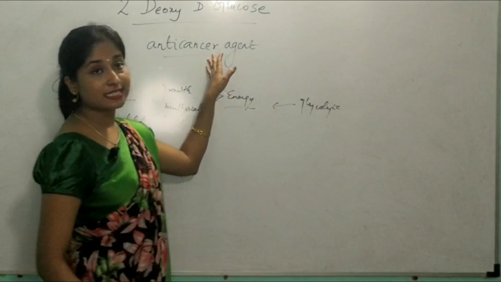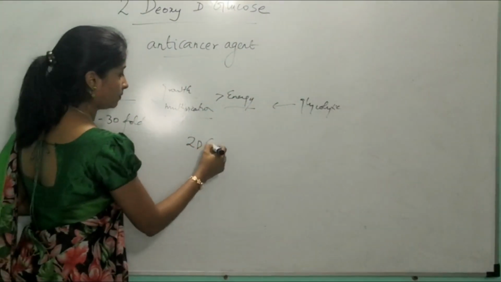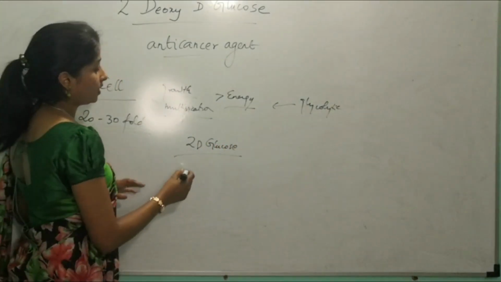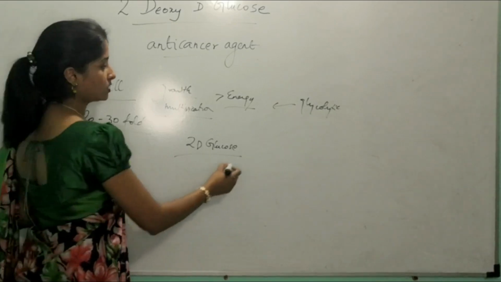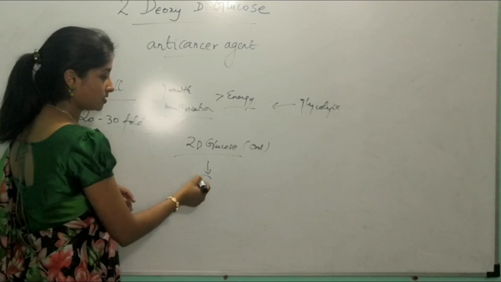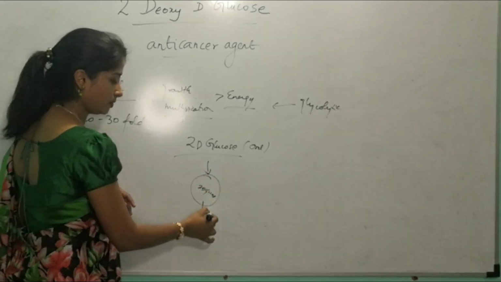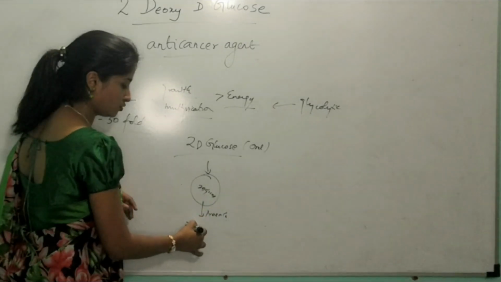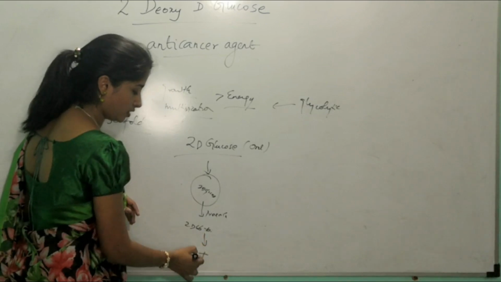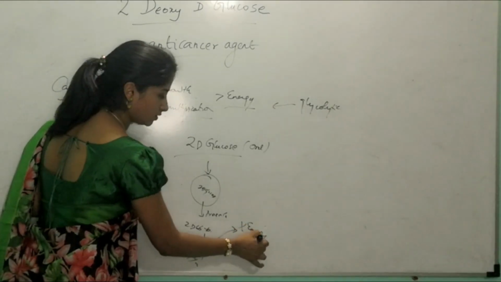So when you use this 2-DG, as I earlier mentioned, for a person who is a cancer survivor, we are going to give this 2-DG by the oral route for a cancer patient. This 2-DG enters the cell and will be converted by hexokinase into 2-DG 6-phosphate, and later it will not be converted into pyruvate, and hence there will be no energy release.